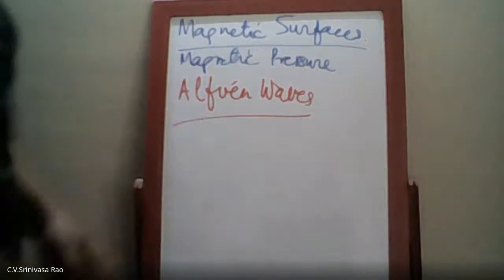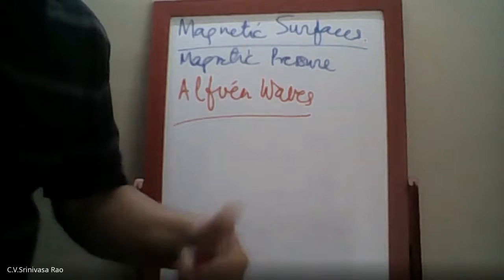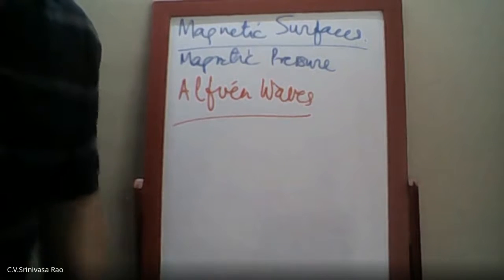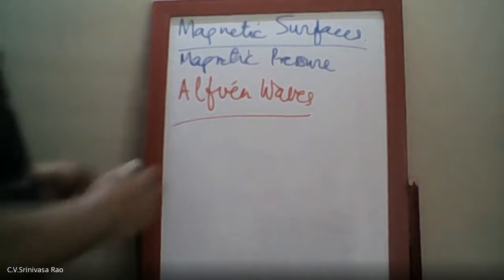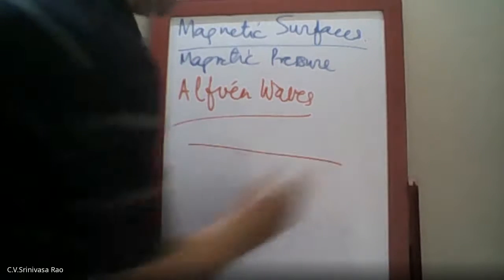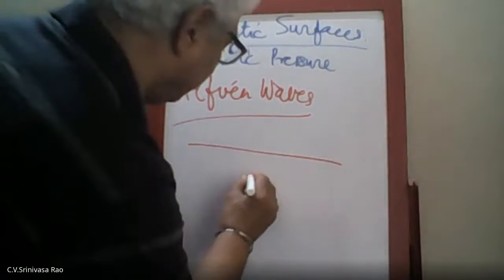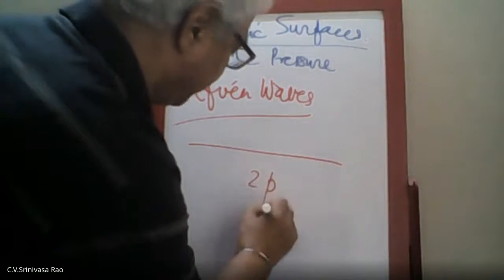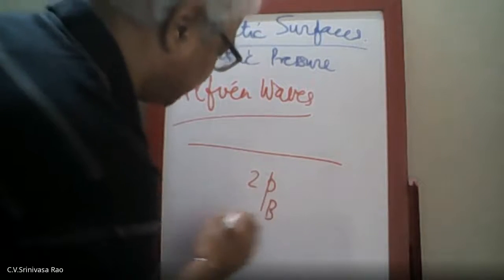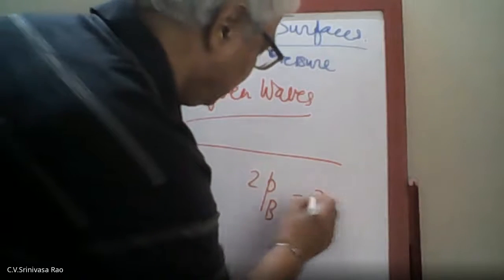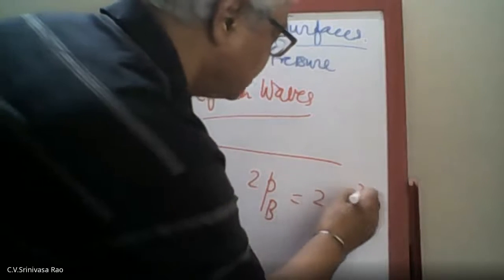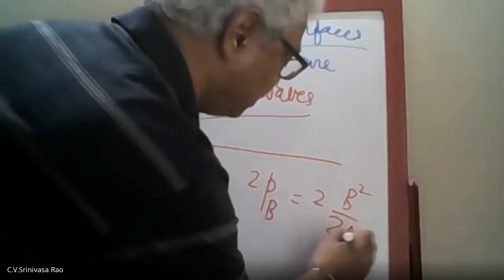We'll do more of this when we talk about the next topic, waves in plasma. But remember, you have a magnetic field, so it has a tension which is given by twice the magnetic pressure, and magnetic pressure is basically B squared by 2 mu naught.